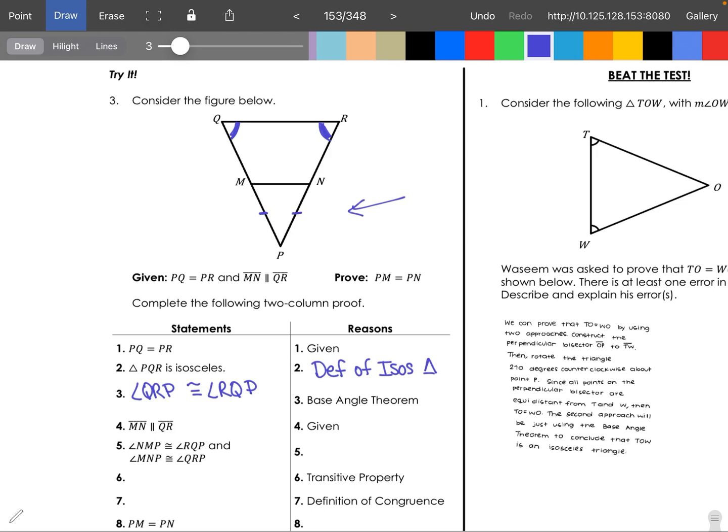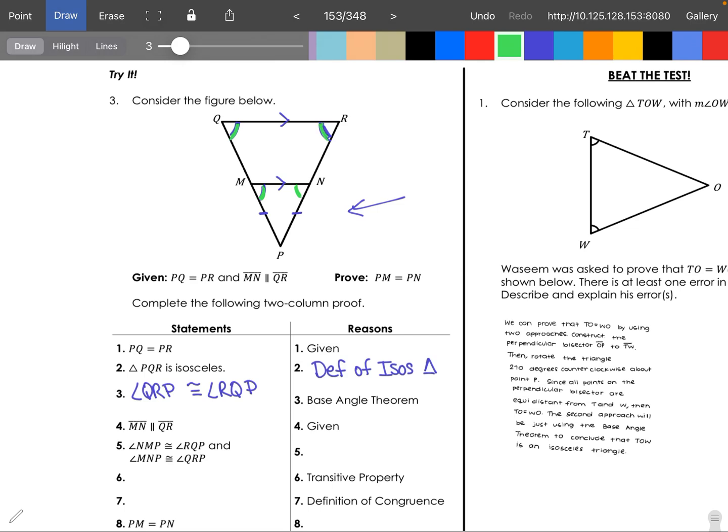All right, it says that we have parallel lines. So when we have parallel lines, that must mean that we either have corresponding angles or alternate interior angles. Well, I don't have any alternate interior angles going on, but I do have this angle right here, let me mark it in green. This angle right here is going to be corresponding to this angle right here. So that means this angle here is going to correspond to this angle here.